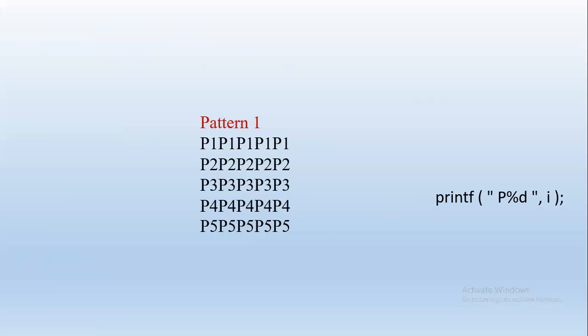That is just print P%d, i, and we know that there are 5 rows and 5 columns. In this case, let us take j. There are 5 columns, starting from 1 up to 5. So j equal to 1 and j less than or equal to 5. So 1, 2, 3, 4, 5 will be for the inner loop, which is j.